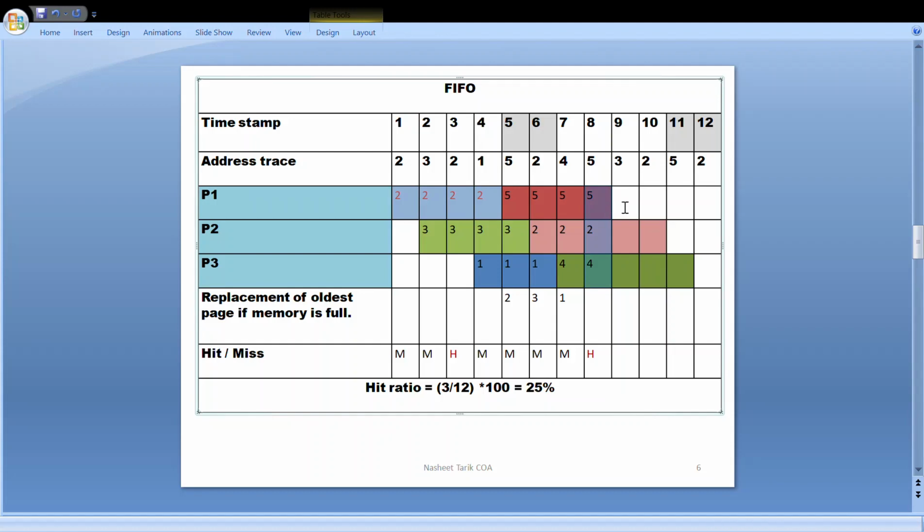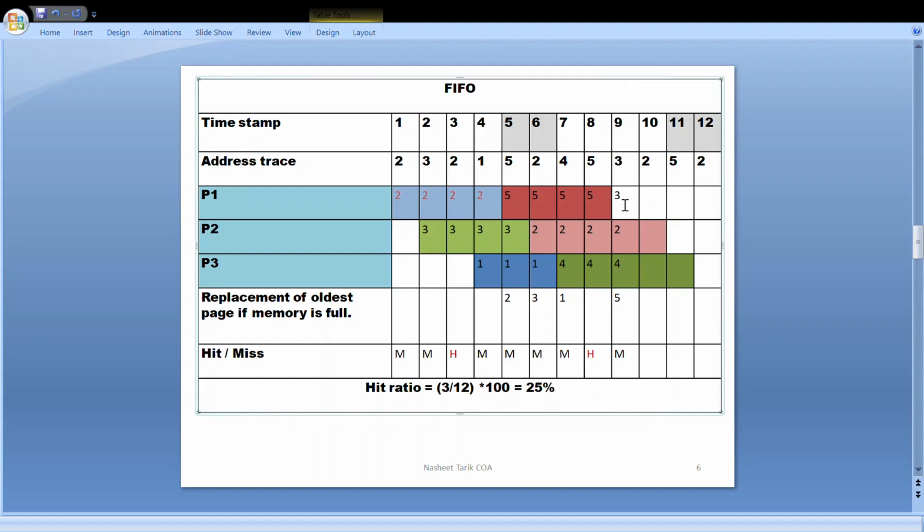Now page number 3, again it is not there in M1 memory. So which page will be replaced? You see, this is 4 times old, this is 3 times old, and this is only 2 times old. So you will be replacing the oldest page, that is 5. So you have 3, 2, 4 as it is.